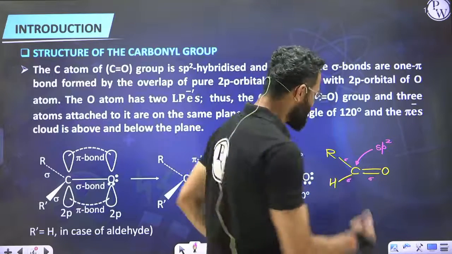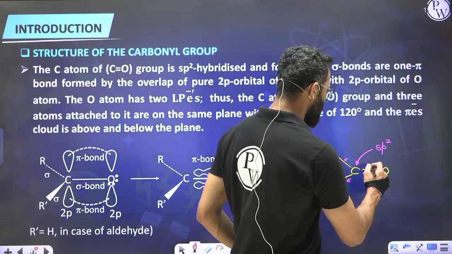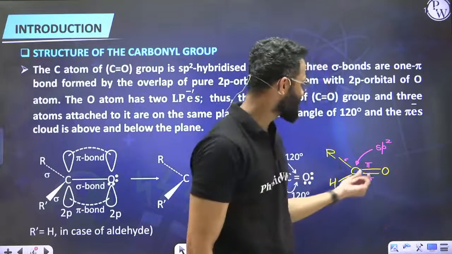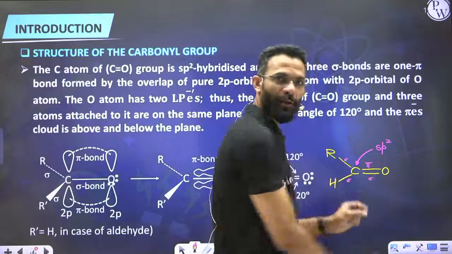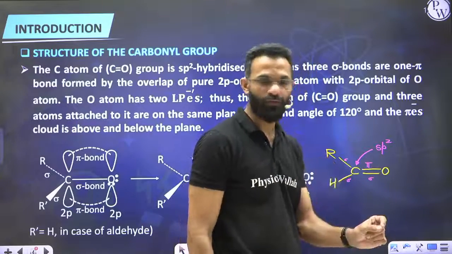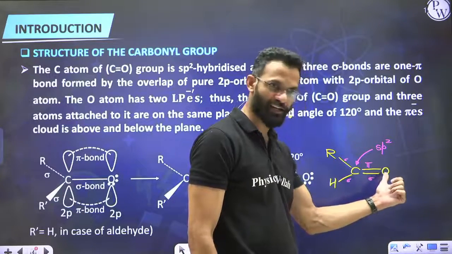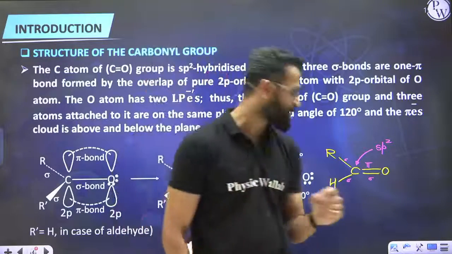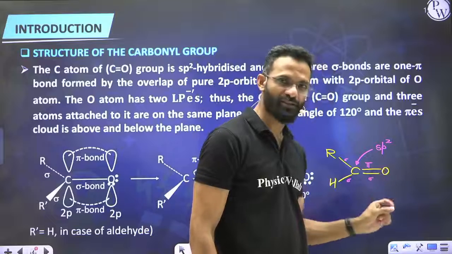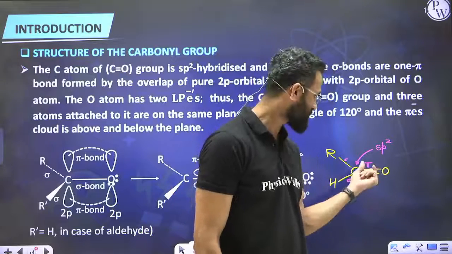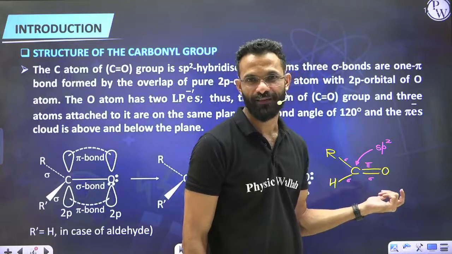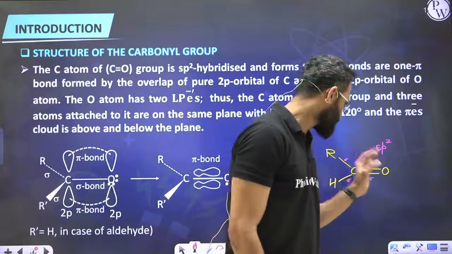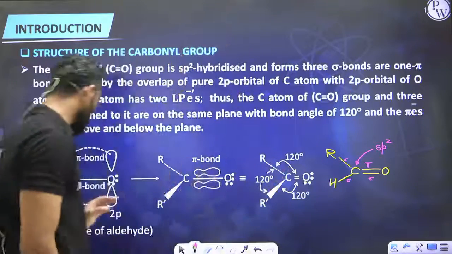Which means other than 3 sigma bonds, the pi bond formation that we see here is due to the lateral overlapping of the pure p orbitals of carbon and oxygen atom. So the sideways or lateral overlapping of the pure p orbitals of carbon and oxygen is responsible for the formation of this pi bond. So if we try to write down this structure in terms of an orbital picture, it looks like this.